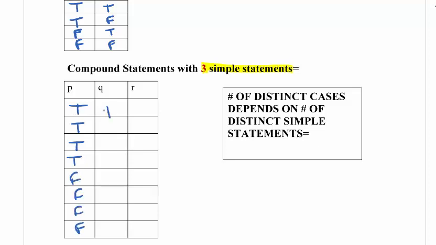Then we're going to go to pairs. Then we're going to alternate. This makes sure that we have every single scenario from all trues to 2 trues rotated around, to 1 true rotated around, and finally all of the falses.